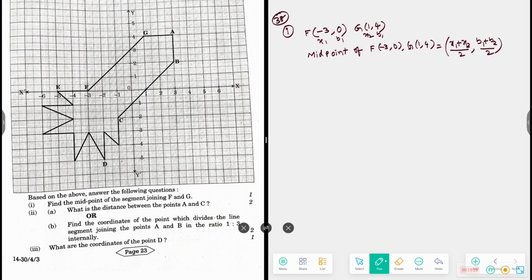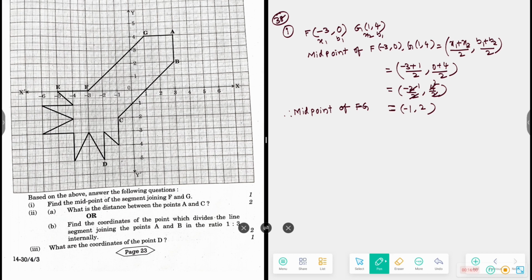So that is -3 plus 1 by 2 comma 0 plus 4 by 2, -2 by 2, 0 plus 4 is 4, 4 by 2. After cancellation, the point is -1 comma 2. So therefore the midpoint of line segment joining FG is -1 comma 2. This is the answer for the first question.